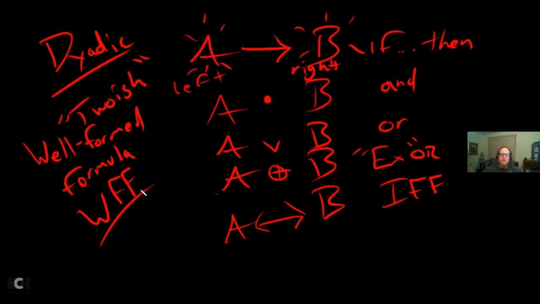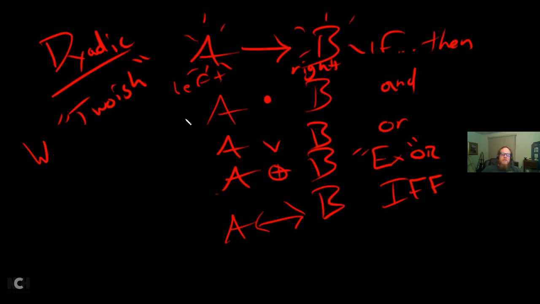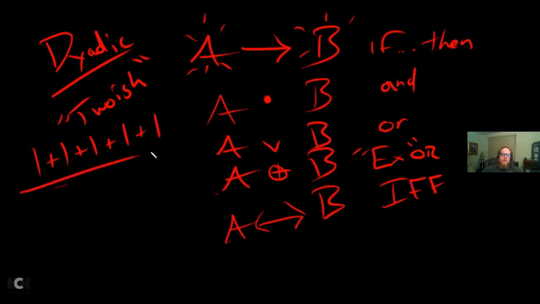There are other aspects of it too. Well-formed formula, you've probably heard it in other kinds of math before, but all it means is putting something in the most efficient way possible. What I mean by that is, let's say, hey, write the number 5 up here. And I went, okay, 5 is 1 plus 1 plus 1 plus 1 plus 1 over 1.